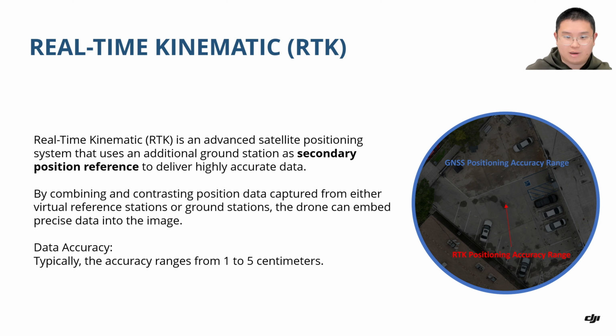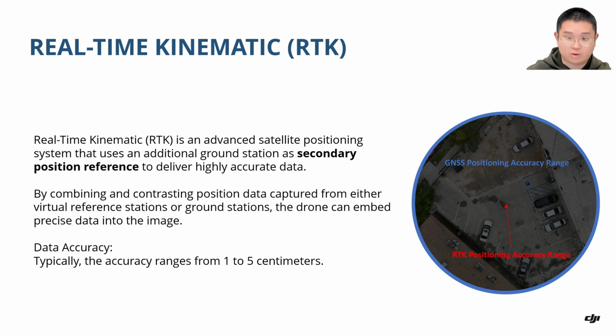The ground station corrects the signal errors caused by atmospheric disturbances, satellite clock errors, and other interferences. This allows RTK to provide positioning data with accuracy up to the centimeter level. It's commonly used in applications that require high precision, such as land surveying and autonomous vehicle navigation.